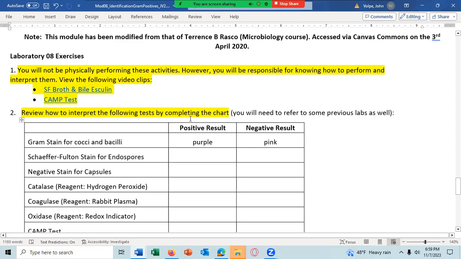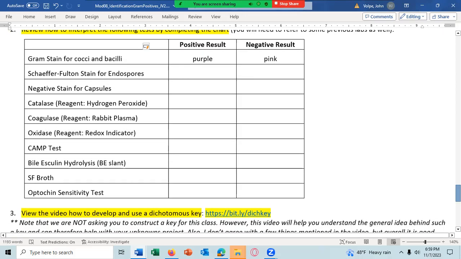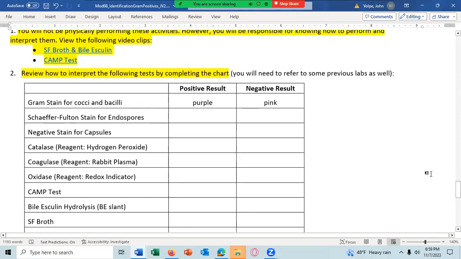Many of these tests are in this lab module, like the CAMP test, the bile esculin test, the SF broth test, the optochin sensitivity test, but some of them you'll have to refer to a previous lab to fill in the information. The first has been done for you. We've filled in what the positive result for the gram stain is, for both cocci and bacilli. It's going to be purple, and for the gram negative result, it will be pink. So fill in the table the same as we've done for you.